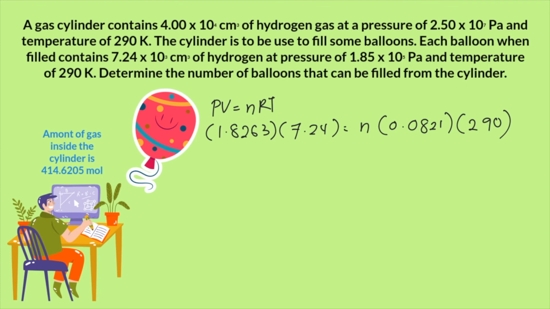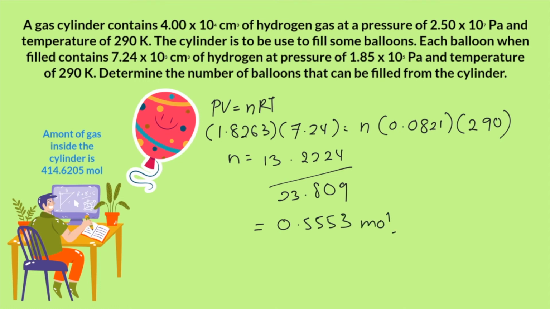So from here you can calculate N as 13.2224 divided by 23.809. Therefore, N is equivalent to 0.5553 mole. That is the amount of gas that is needed to fill this balloon.